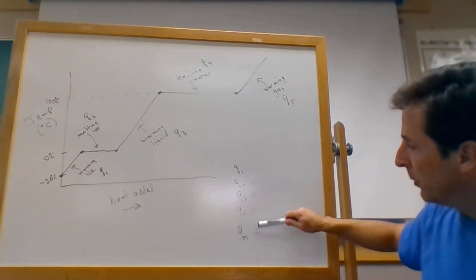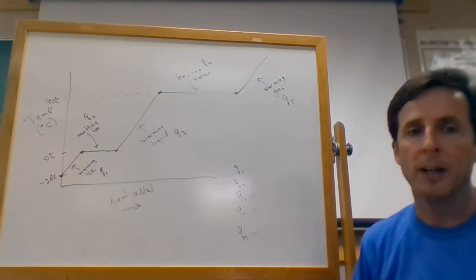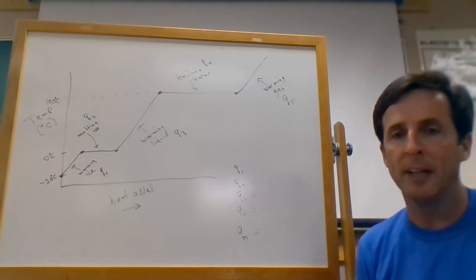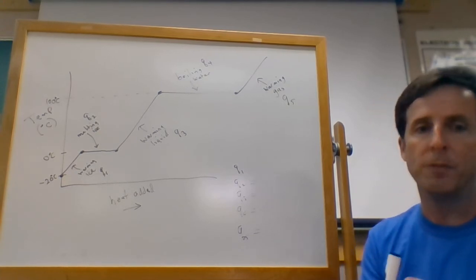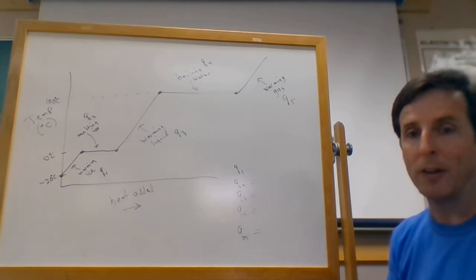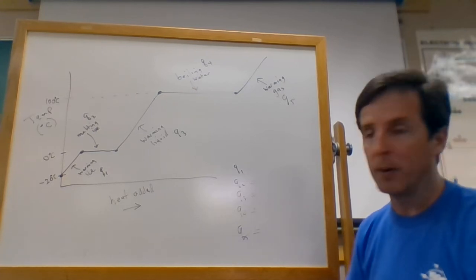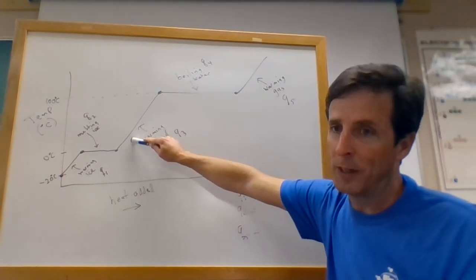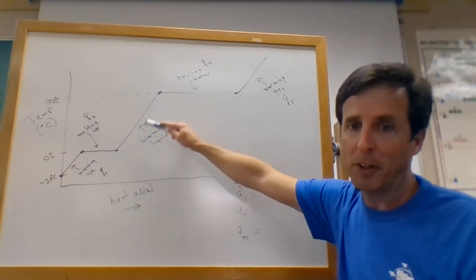Q1, Q3, and Q5 are going to be, I'm heating up a sample within one phase. Okay, we did a problem a little while ago where we had liquid water and we were warming it up from like 22 degrees to 85 degrees or something like that.